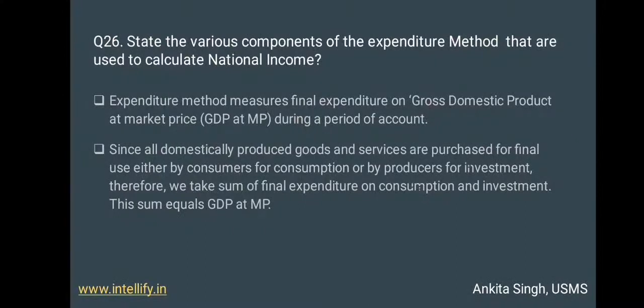Since all domestically produced goods and services are purchased for final use either by consumers for consumption or by producers for investment, therefore, we take the sum of final expenditure on consumption and investment. This sum equals GDP at MP.